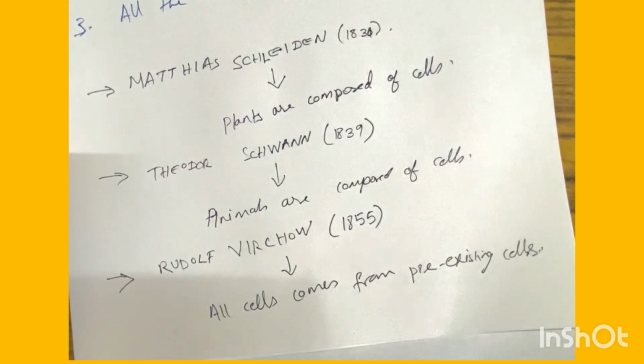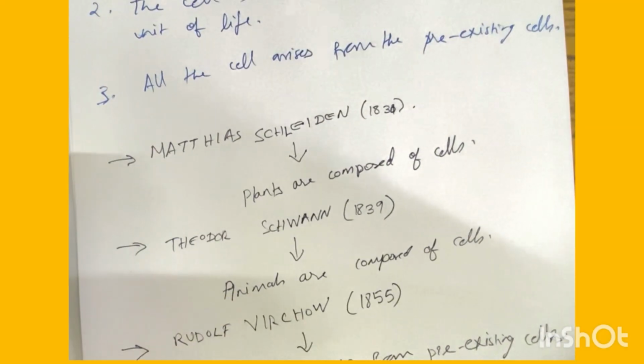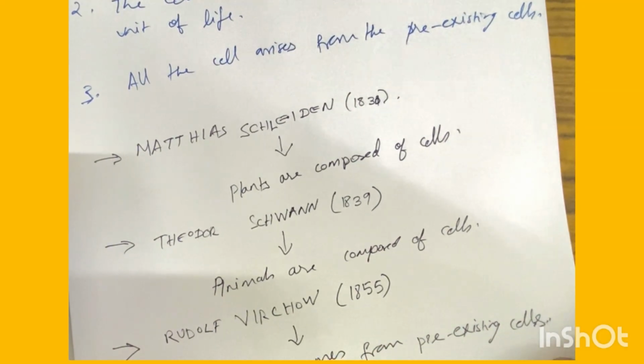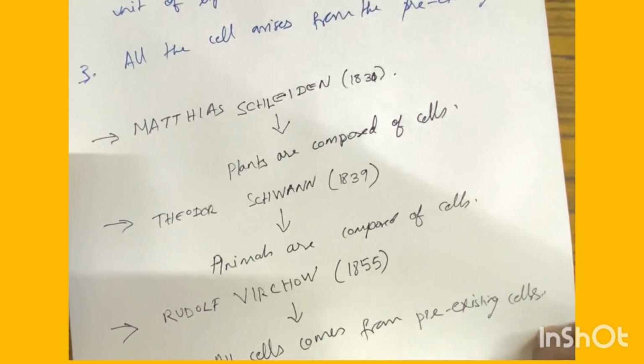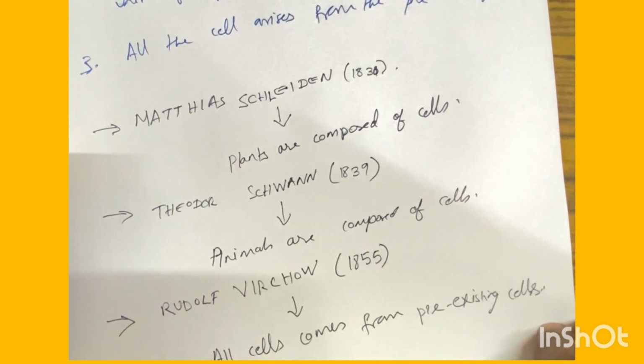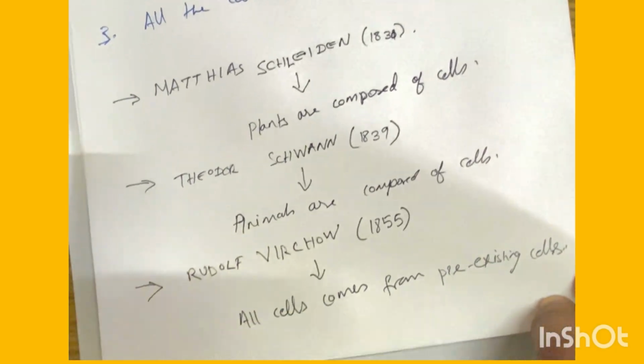Okay. So these were the three very beautiful proposals given by the three scientists for our cell theory. So Schleiden proposed plants are composed of cells, Schwann proposed animals are composed of cells, and Virchow said all cells come from pre-existing cells.